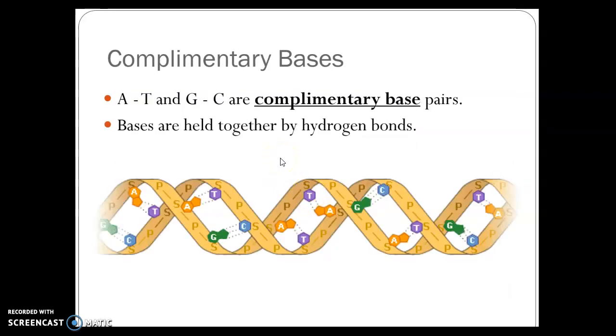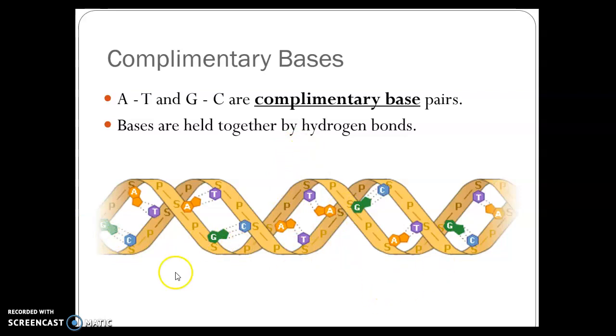So you got complementary bases, A and T, G and C. They're considered complementary bases. They're held together by hydrogen bonds. And we talked about those in the early parts of this chapter. We talked about hydrogen bonds and how that creates a 3D structure. And there's kind of an uneven combination there and sharing there, and water can be used to break up those bonds.